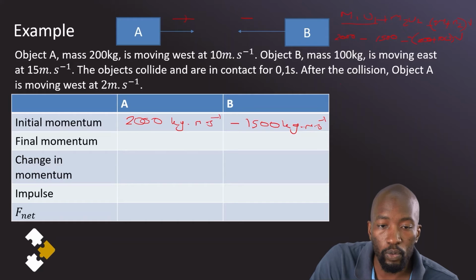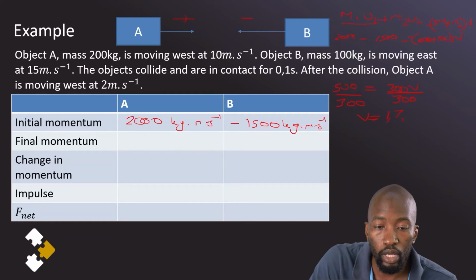Now on the left hand side we have 500 is equal to 300 V. Then let's quickly find what V is. V is equal to 1.7 meters per second.